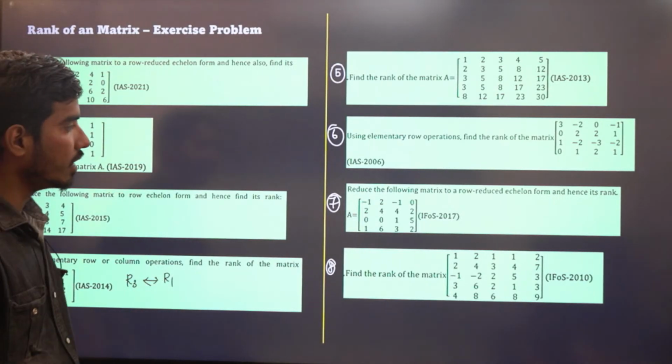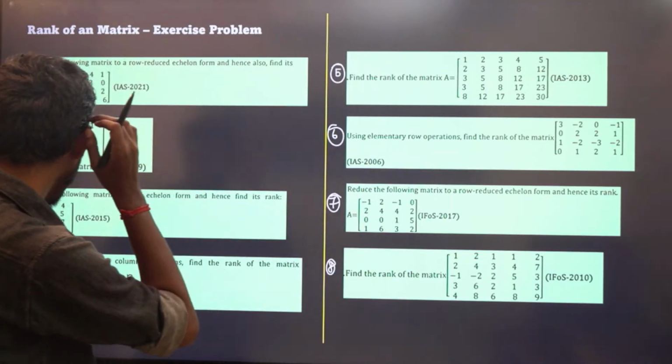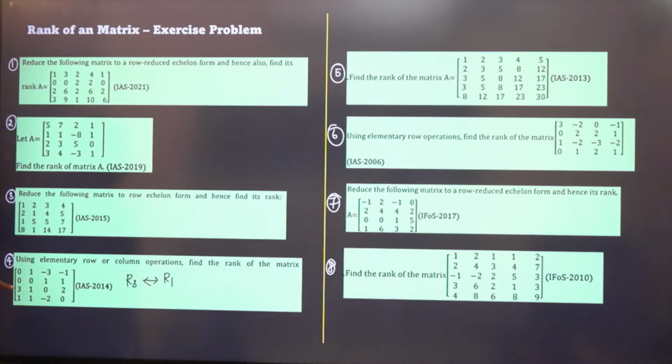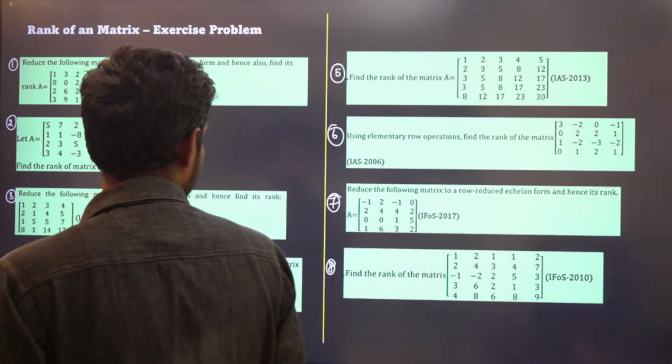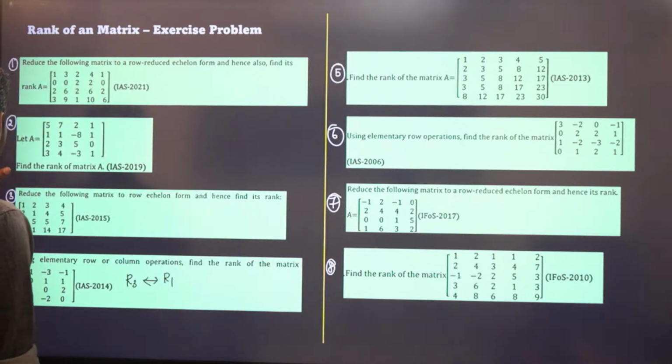So whenever you are finding rank, you can interchange also, right? When you interchange, your first row will be 3, 1, 0, 2. So first row and third row, I'm interchanging. You can do that. Interchanging will not affect the rank, right? We can always interchange. I'll do one problem. I will do this problem.